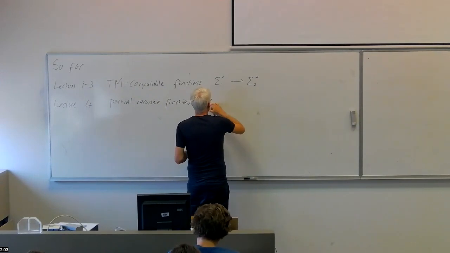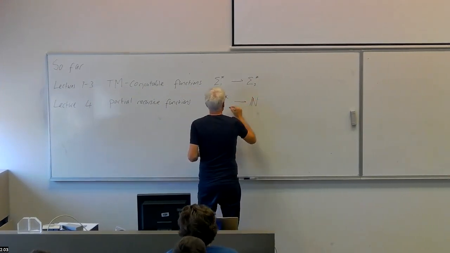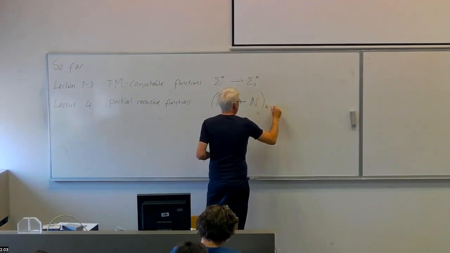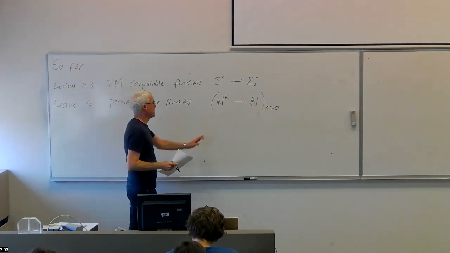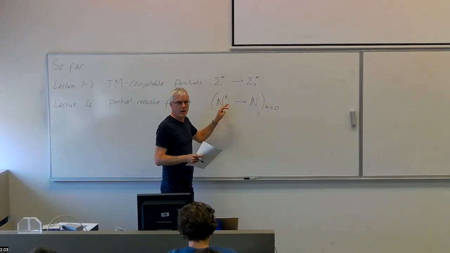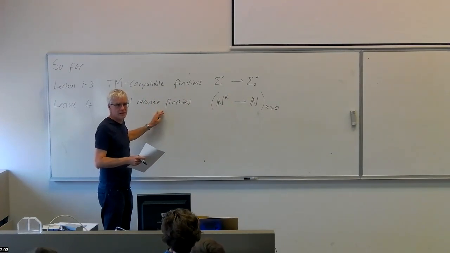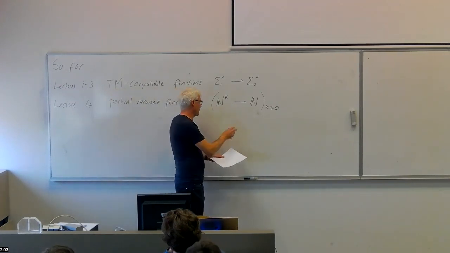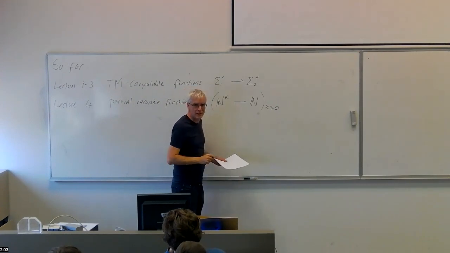The natural way of modeling these is partial functions from k-tuples of natural numbers to the natural numbers, for all possible arities k greater than or equal to 0. One needs to consider multi-argument functions because the whole way in which we define the partial recursive functions is via these schemes, these ways of combining functions, such as primitive recursion, composition, and minimization, which crucially rely on functions of many arguments.